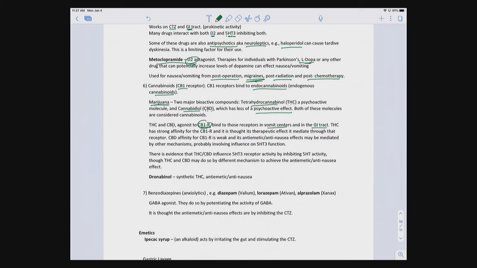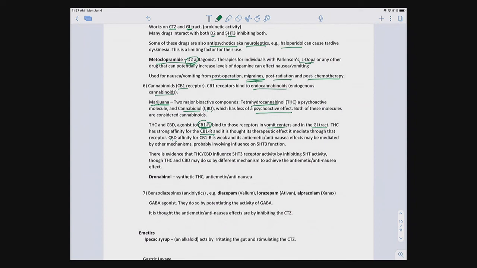But the difference is that THC has a very strong affinity for the CB1 receptor, and that is where its therapeutic effect is thought to be mediated, whereas CBD's affinity for the CB1 receptor is rather weak.